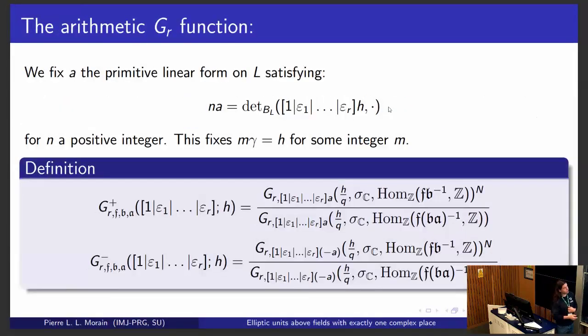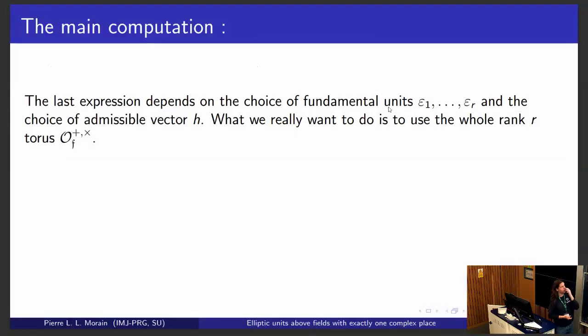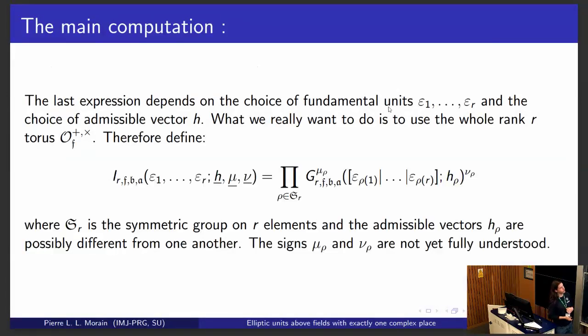So what happens with this last expression is that it depends very much on the choice of fundamental units you chose. So what you really have to do is to use the full rank R torus given by the units. So to do this, we're going to construct this product with parameterization by the symmetric group on R elements. So here I have some orientations. So the orientations mu tell you, do you choose plus A or minus A in the construction?